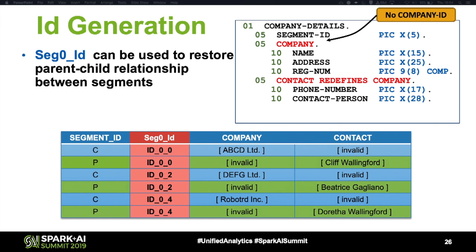You may also ask why it's called seg0 ID, why not just, I don't know, parent ID. That's because hierarchical databases can contain multiple levels of hierarchy. Child segments can have children of their own, and so forth and so on. And Cobrix can help you generate IDs at every level, so you can restore the parent-child relationship.